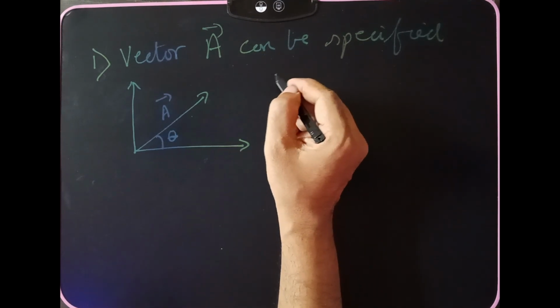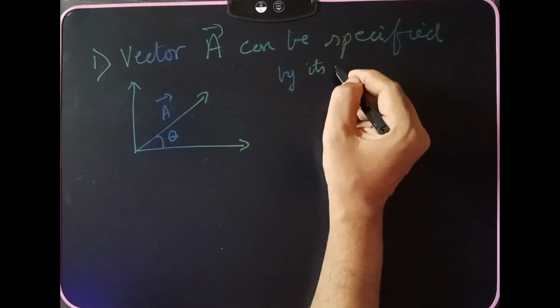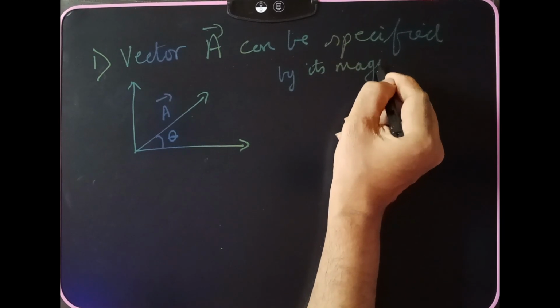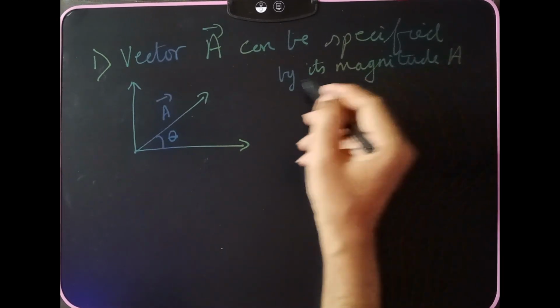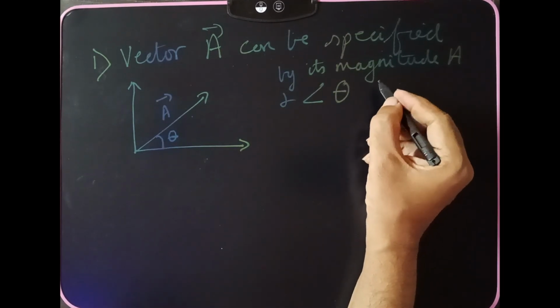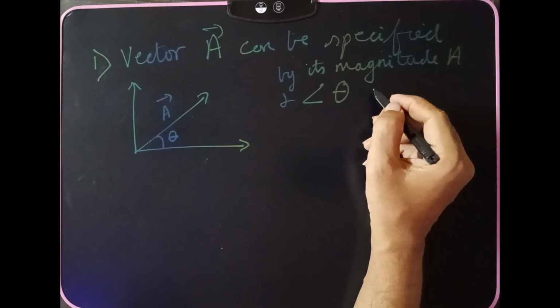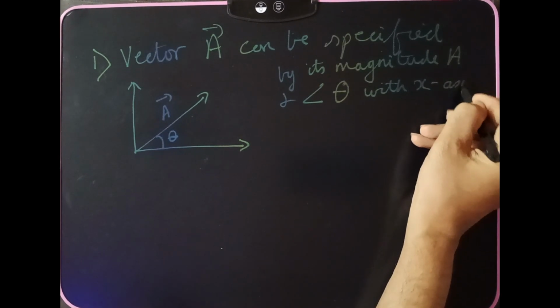So this vector is specified by its magnitude A and angle theta with the x-axis.